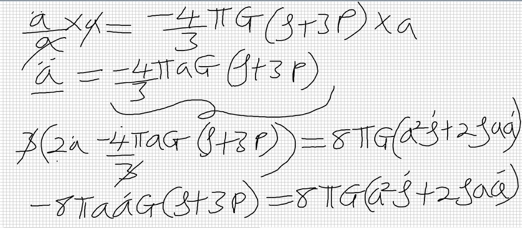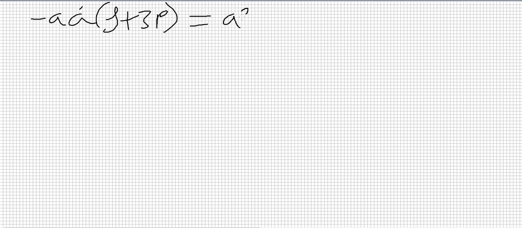Alright, in this simpler form, we see that there are still things that can cancel out, like 8 pi and G, 8 pi and G. So once again, the equation can be brought down into another simpler form as negative a dot into rho plus 3p is equal to a squared rho dot plus 2 rho a dot.